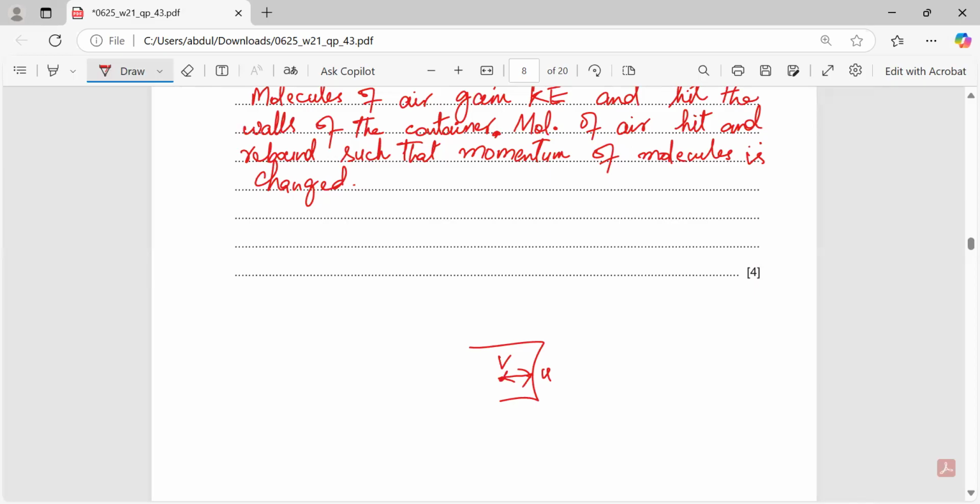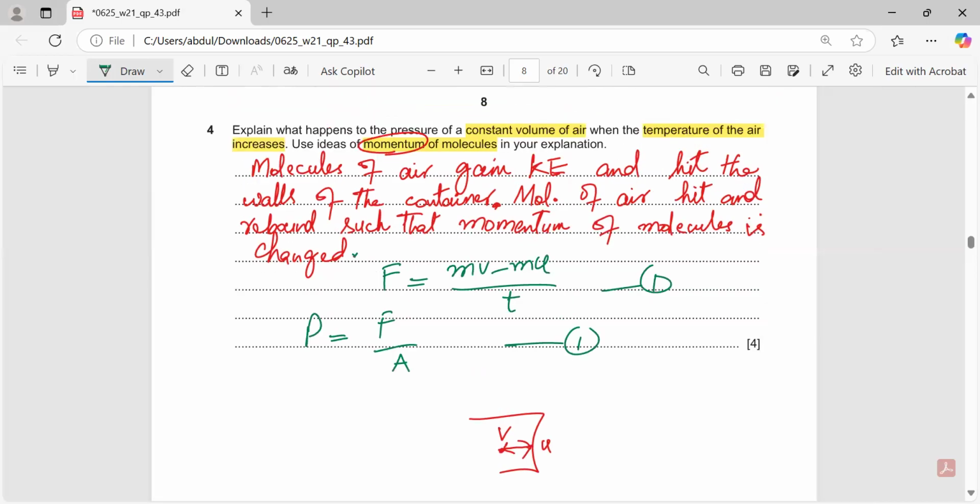Now, I'm writing one equation from Newton's second law of motion: F is equal to rate of change of momentum. So when the momentum is changed, it means force is exerted. And we know pressure is equal to force per unit area. This will be 1 mark, this will be 1 mark, and this one will give you 2 marks. So 2 plus 1, 3 plus 1, 4.